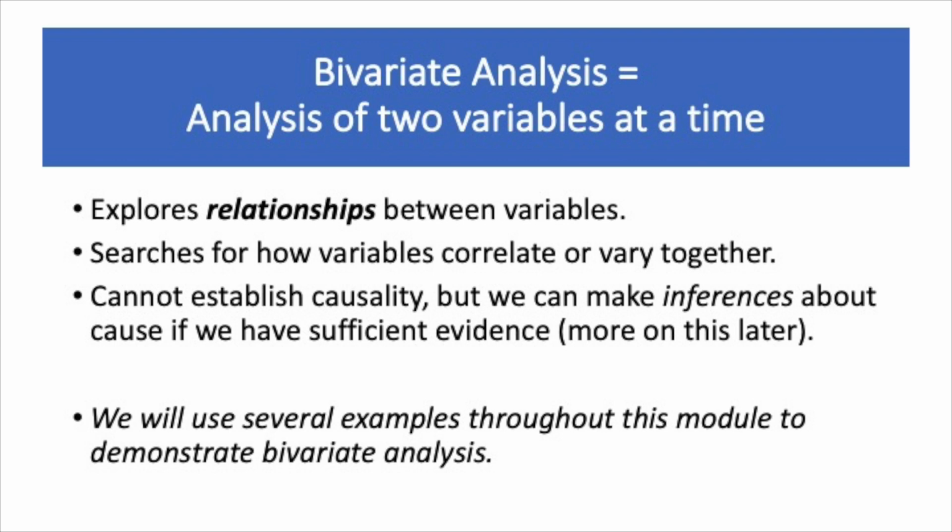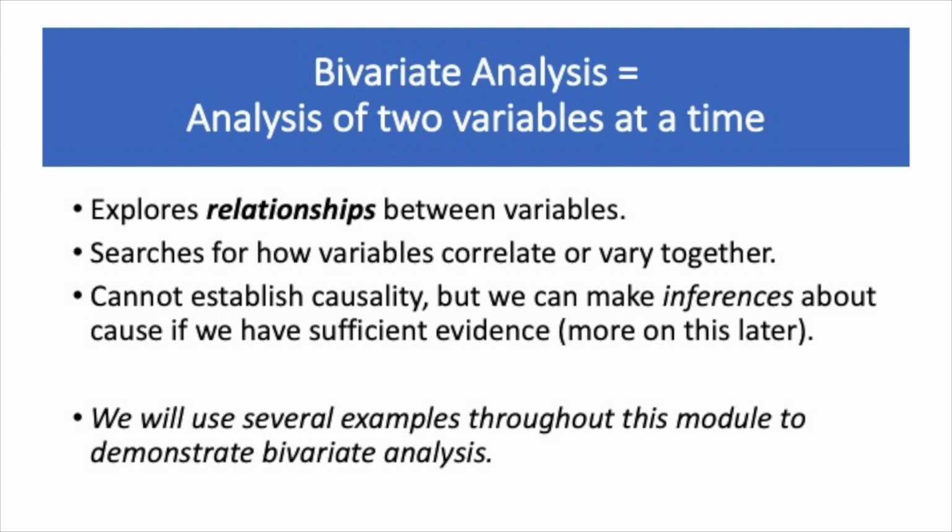There is one significant limitation of most bivariate analysis, right? Specifically, any bivariate analysis that's using observational data, which is most of it. We're not running a lot of experiments in the social sciences.